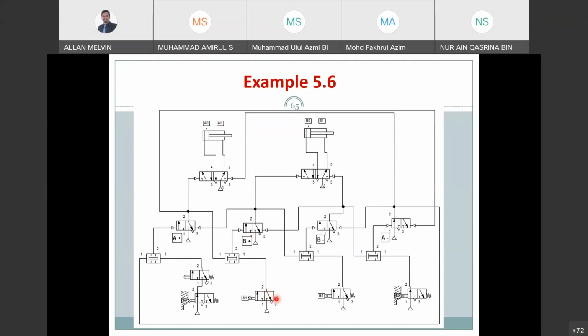So A1 will become active, but there is a push button here. So this one is active, you just press, and then your cylinder B will extend. Right? So the location of the push button indicates the point in the sequence. It still follows the sequence, but only the activation of cylinder B is upon a push button.